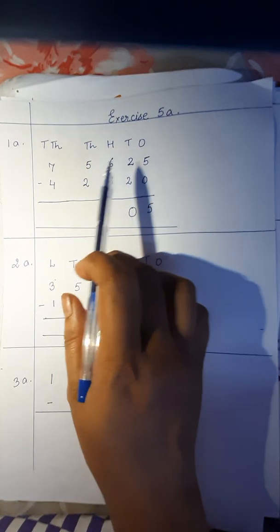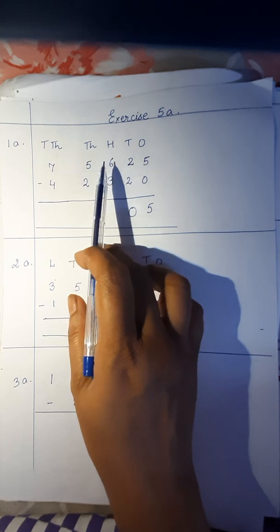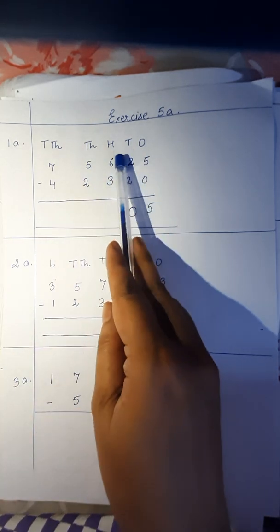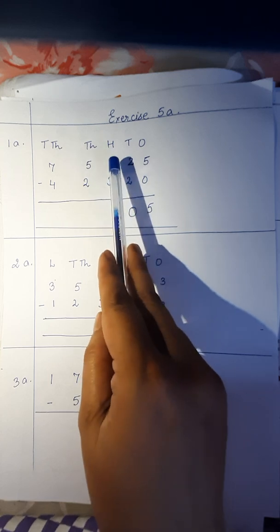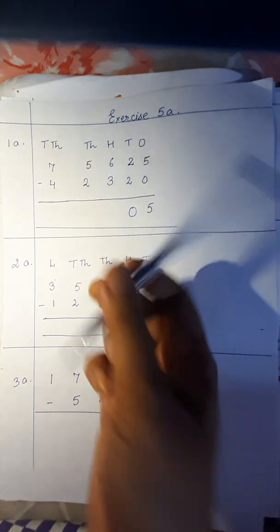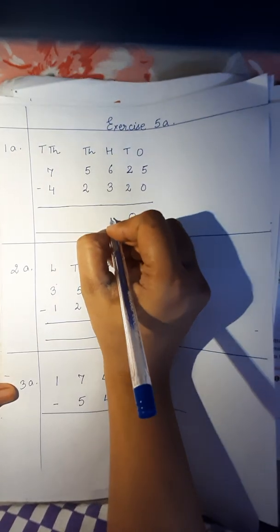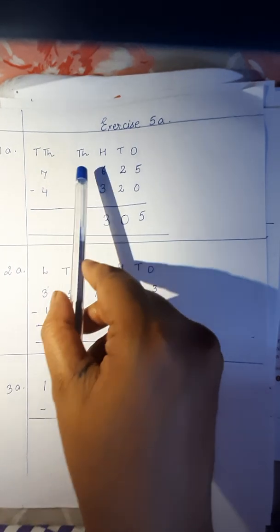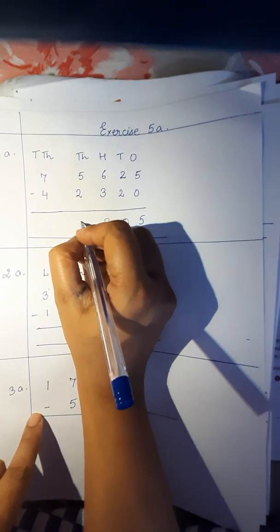Then move to the next column, that is hundreds column. Here we have digits 6 and 3. When we subtract 3 from 6, what will we get? 3. Now move to the next column. Here at thousands place we have 5 and 2. When we subtract 2 from 5, we get 3.